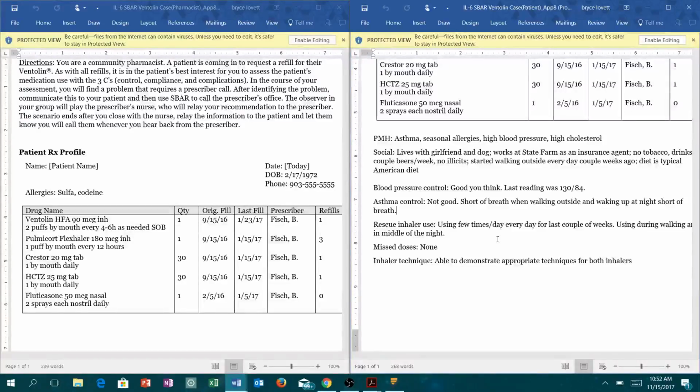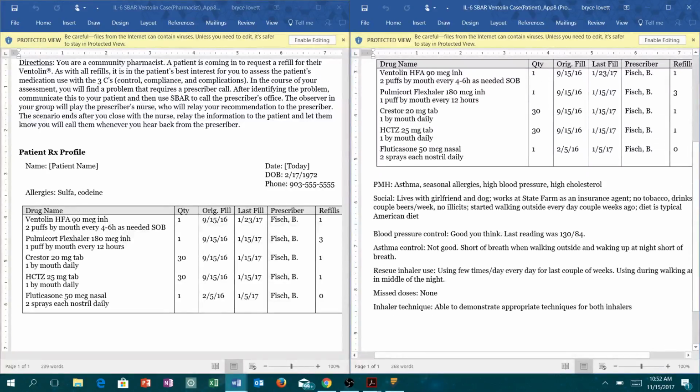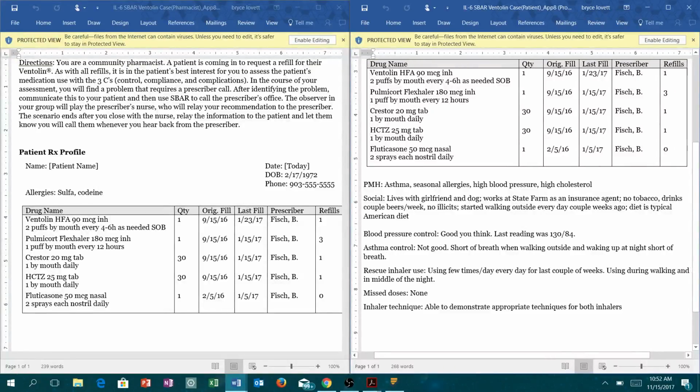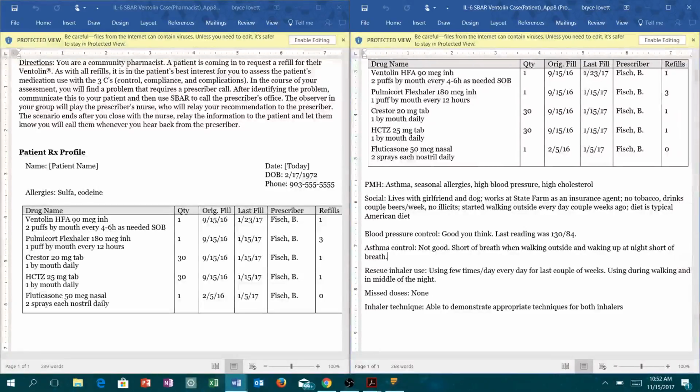Also, what other questions do you have? How do I take this inhaler? You're supposed to only take it as needed. But if you're taking it more than 4 or 6 times a day, that's a problem. I guess 4 would be the max for this inhaler.